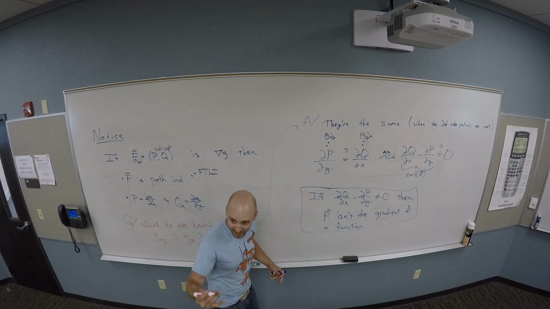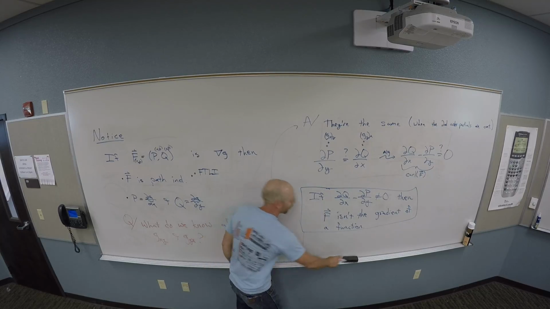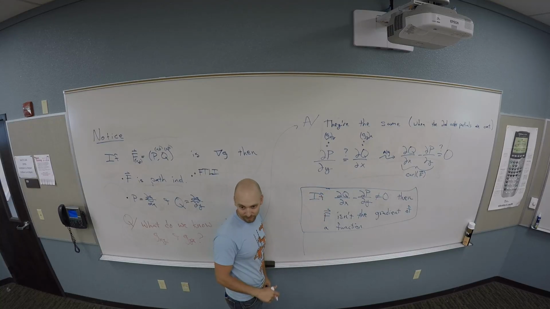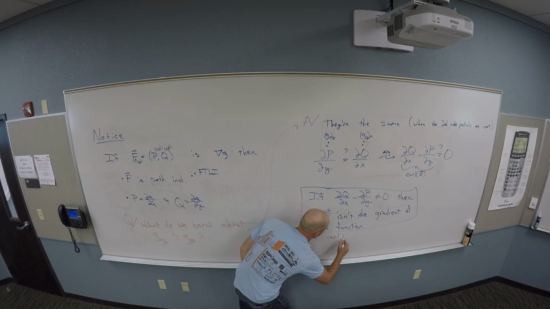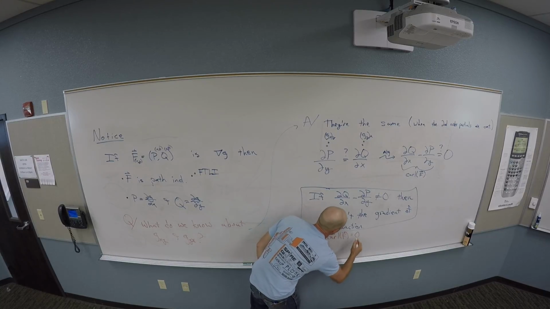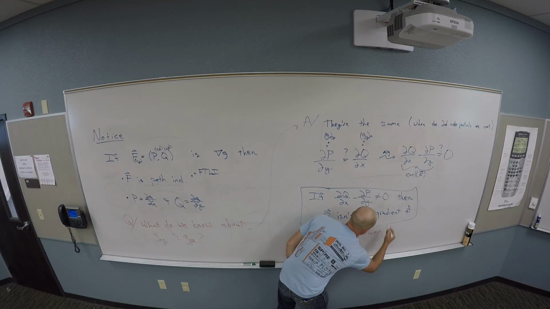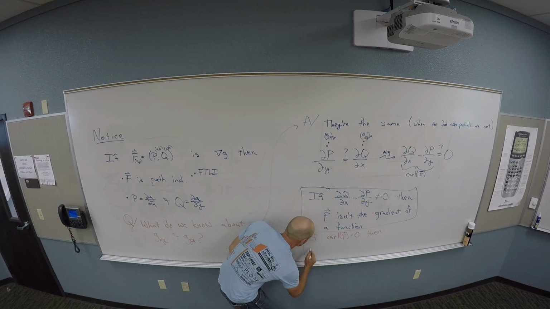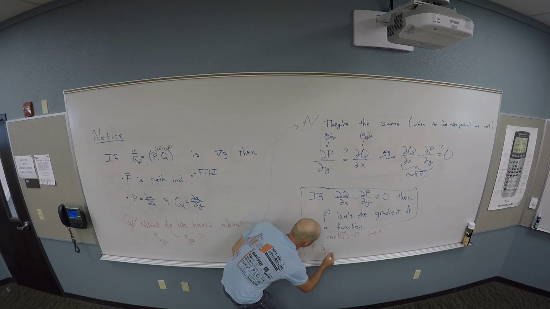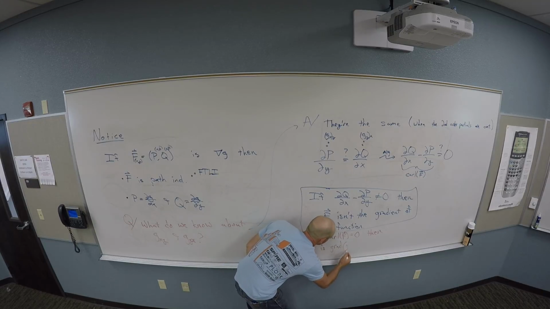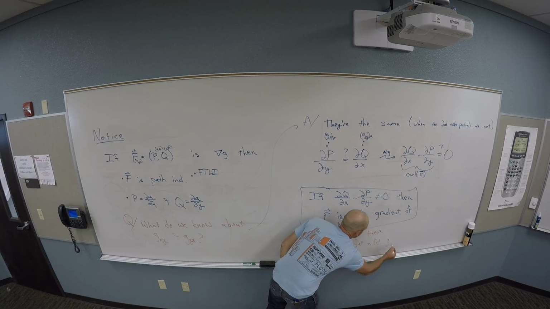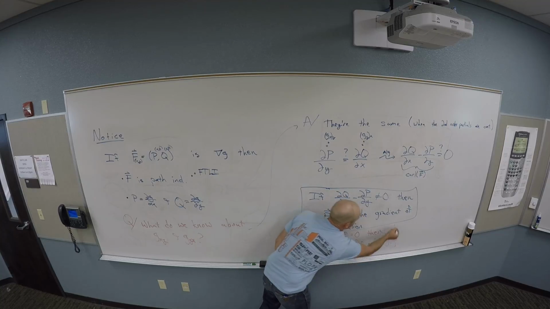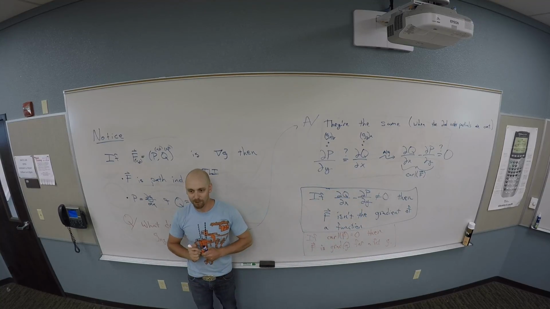Not demonstrated here is the other statement, the one I really want, the other half, which is that if the curl of F is 0, then F is the gradient of something, or a function. You guys see that? That's the thing I really wanted. That's not the thing I demonstrated here, but it's also true.